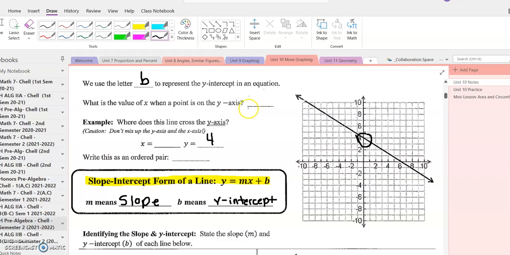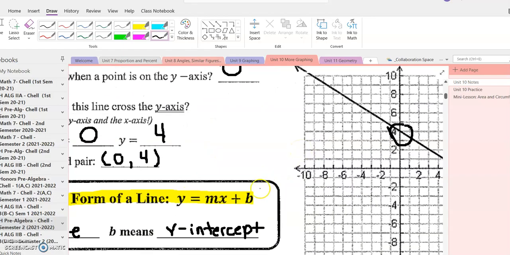For a point on the y-axis, the value of x is always 0. So an ordered pair for this specific problem would be 0, 4. Again, the y-intercept, which is our b, is simply where our line crosses the y-axis, and it crosses at 4.